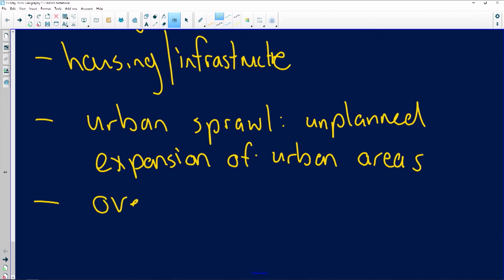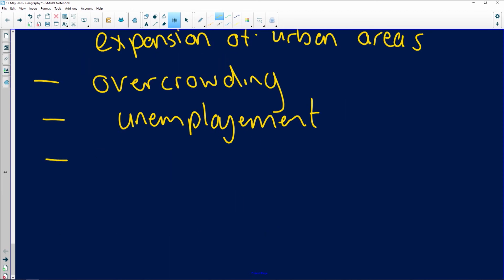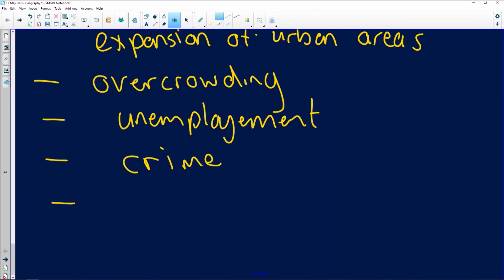Now we've mentioned urban sprawl, overcrowding, too many people in a certain area, and it might lead to unemployment because there's just too many people and not enough jobs, and an increase in crime because unfortunately people won't be able to be sustainable to look after themselves, and they will start creating crime.